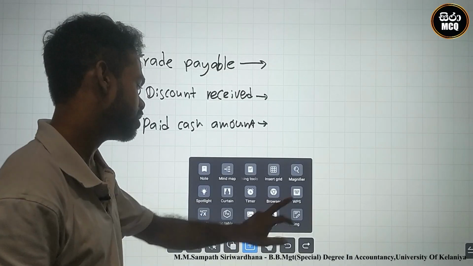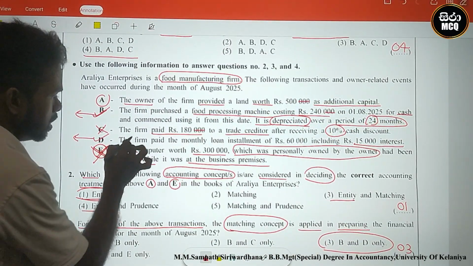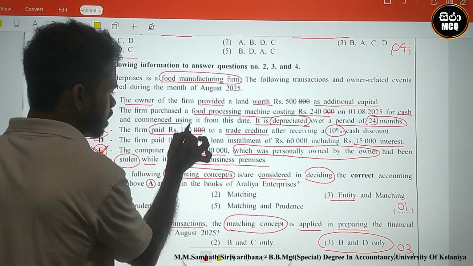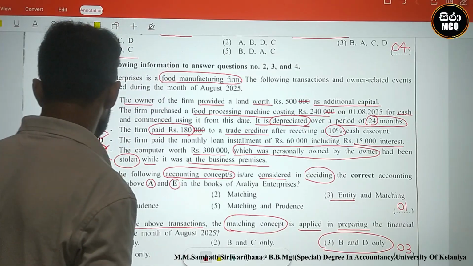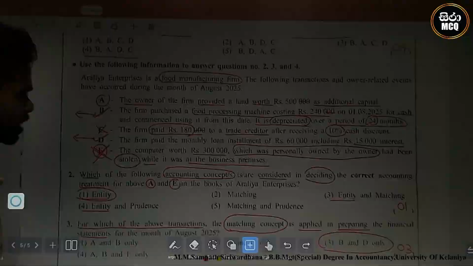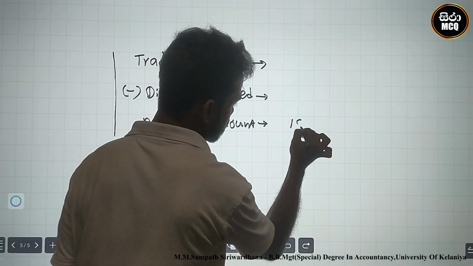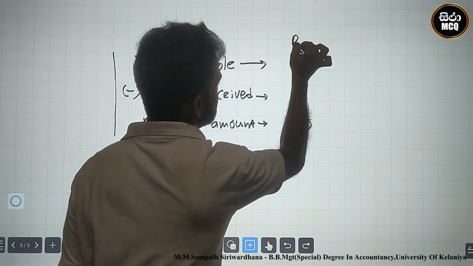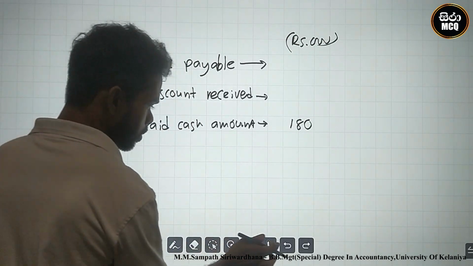In that case, what is the amount of this transaction? Paid 180. Paid means cash account 180. Cash account, paid cash account amount 180. This is in rupees 1000. What is the discount?